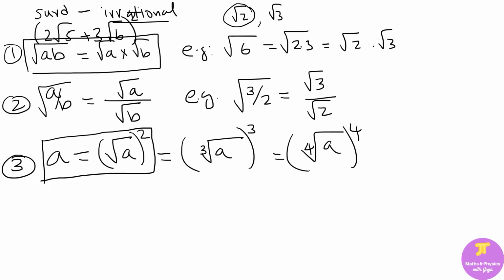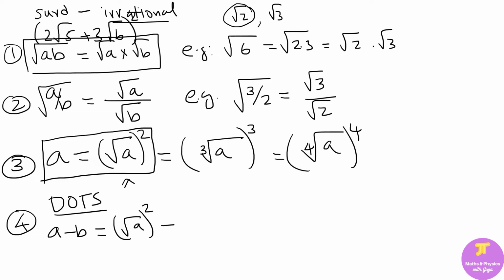And the last one is applying the difference of two squares in surds. For example, if you have a minus b, this is essentially using the previous rule 3: square root of a squared minus square root of b squared.